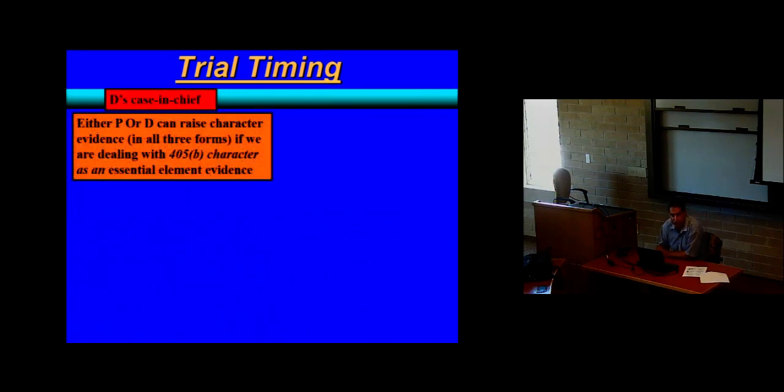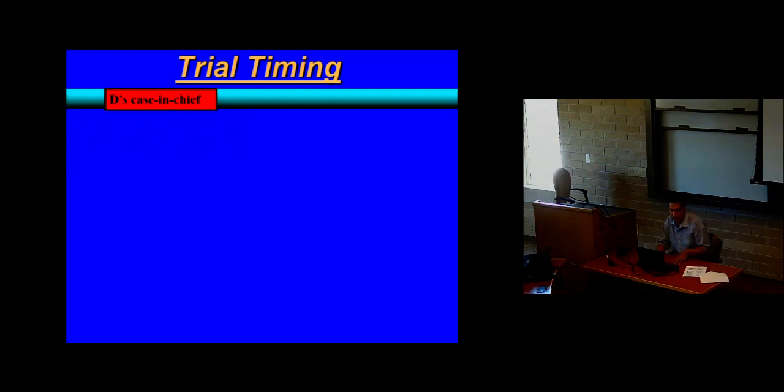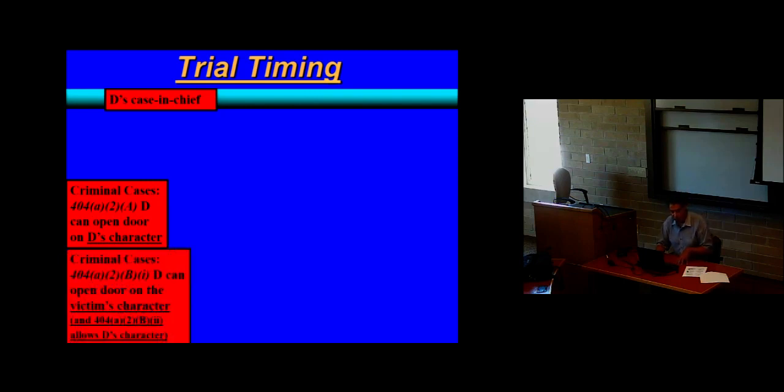So in their case in chief, remember, either plaintiff or defendant, prosecution or defendant, can raise character evidence in all three forms if we're dealing with 405 character as an essential element. If we're not dealing with that, though, remember, in a criminal case, the defendant can open the door on his own good character or can open the door on the victim's bad character.